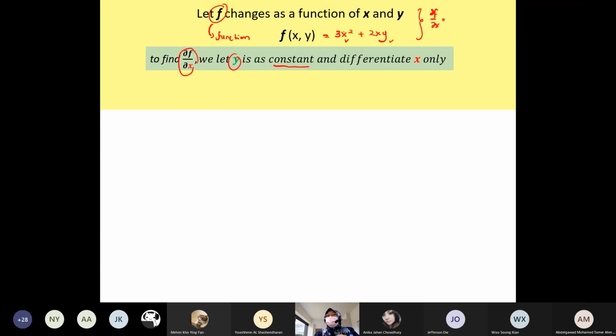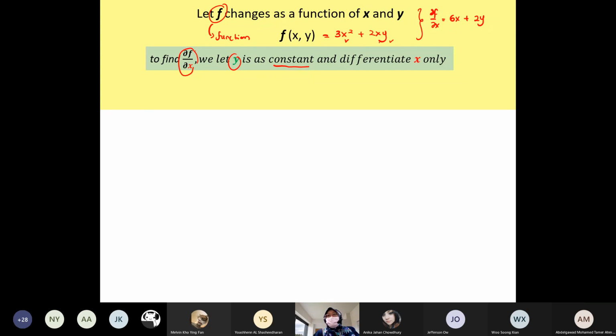So look at the first term. The first term doesn't have any y, so you can straight away differentiate with respect to x. It becomes 6x, plus. For the second term, you have variable x and variable y. By referring to the rule, you have to let y be constant. 3 is a constant, and y also you treat as a constant, so 2y now becomes a constant.